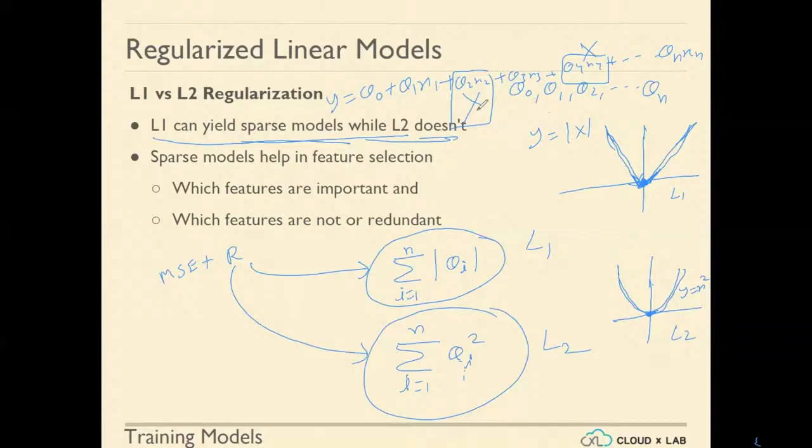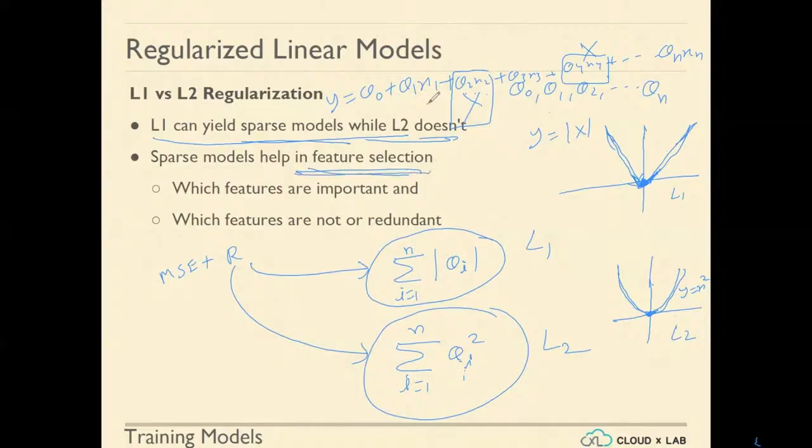So what exactly am I doing here? I'm not relying on x2 and x4 features. I'm not dependent on x2 and x4 features because theta 2 is 0, theta 4 is 0. So indirectly what I'm doing here, I'm selecting features. I'm selecting important features, right?